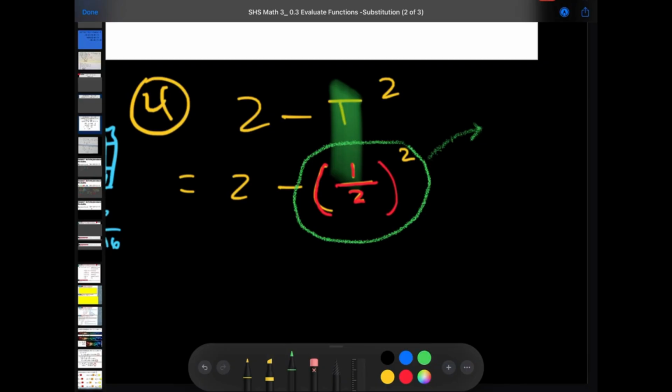No. So what is it? 1/2 times 1/2. Okay? And basically, when you multiply fractions, you multiply across. So that would give you what? 1 times 1, 1, and 2 times 2, 4. So this is becoming 1/4.